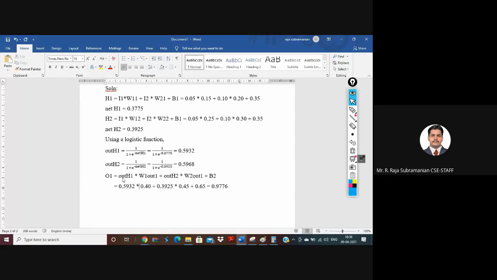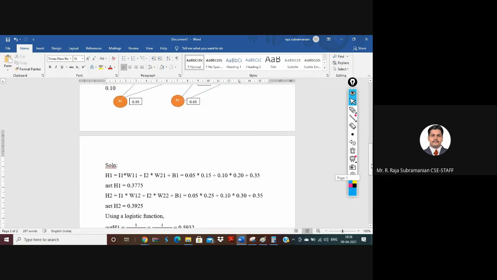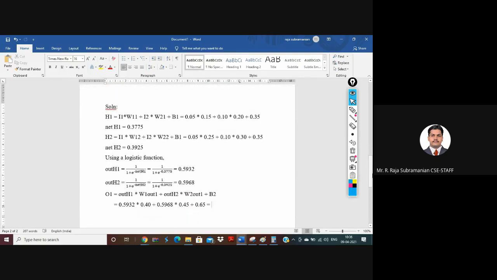5932, and this is 5968. Now you calculate the total value. It will be around 1 point something. It will be the new value. What is the new value?